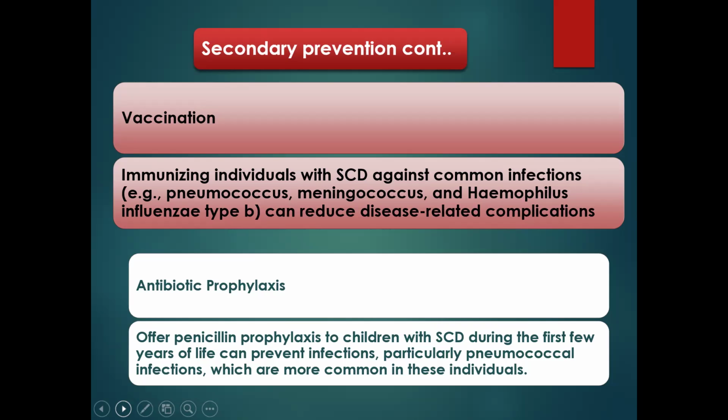It's always important to offer penicillin prophylaxis to children with sickle cell disease during the first few years of life, to prevent them from having infections, particularly pneumococcal infections, which are more common in these individuals. The most important thing is to prevent them from coming down with these infections, because the immunological response will definitely trigger the crisis.